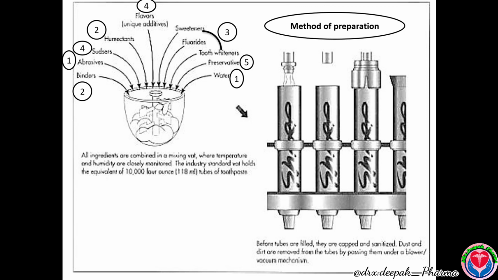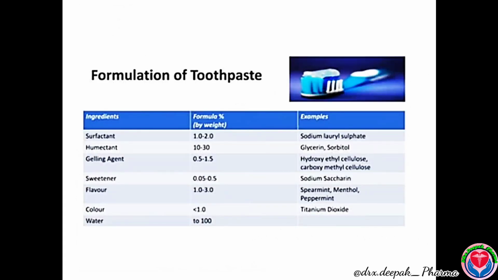In the last step we add the preservative, and then your toothpaste is finally formulated and prepared. This is a common example of a toothpaste formulation, with the composition showing the basic concentration of each ingredient involved.